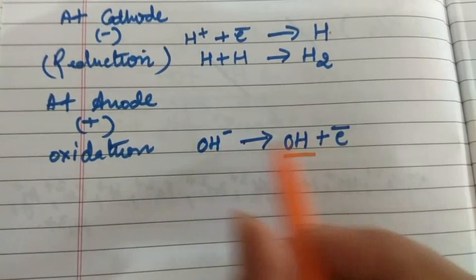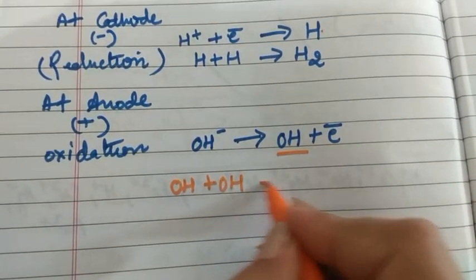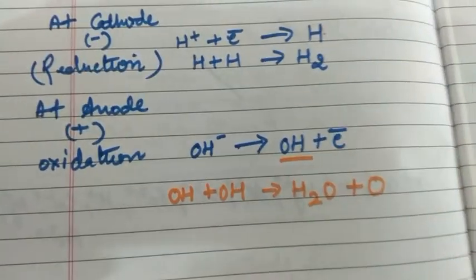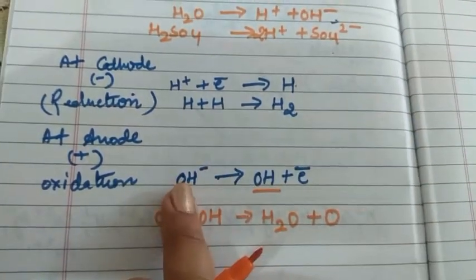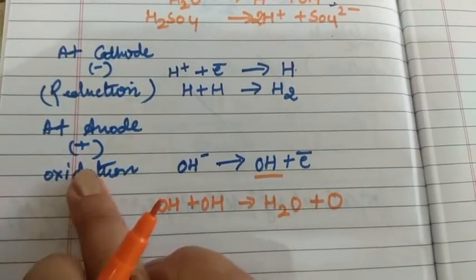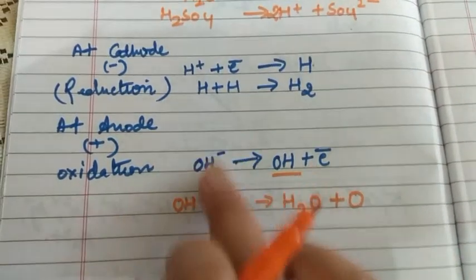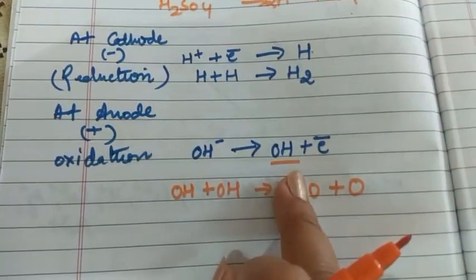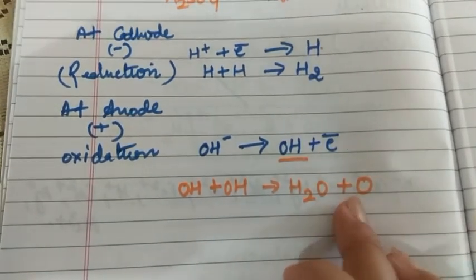This reaction is to be seen very carefully. Out of hydroxide and sulfate, hydroxide will discharge at anode, and here OH- undergoes oxidation, loss of electron, to form OH. Then, as OH is an unstable species, OH plus OH will give H2O plus O.